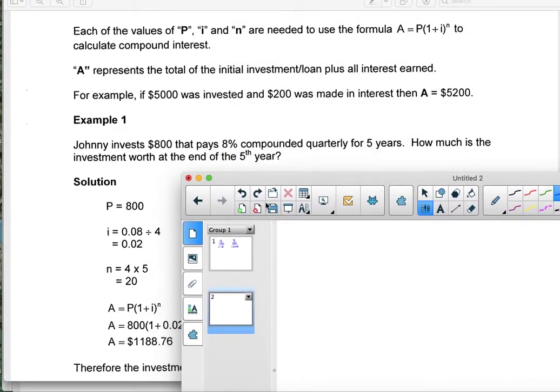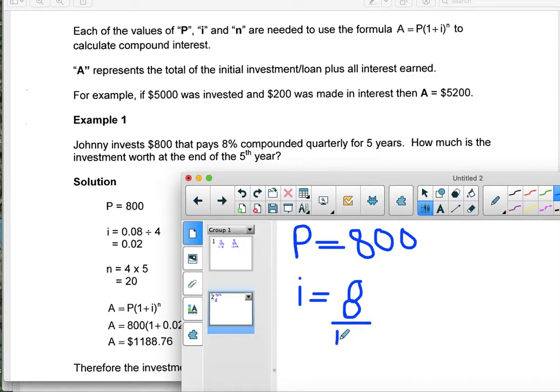Okay, just looking here, our p value, what is the initial investment? 800. This is in your notes as well, but sometimes going through it like this helps a bit. Paid 8% compounded quarterly. So 8%, we know that's our interest rate, but that's going to make up part of our i value. So we need to take that 8% and divide it by 100, and we're going to get 0.08 right here.